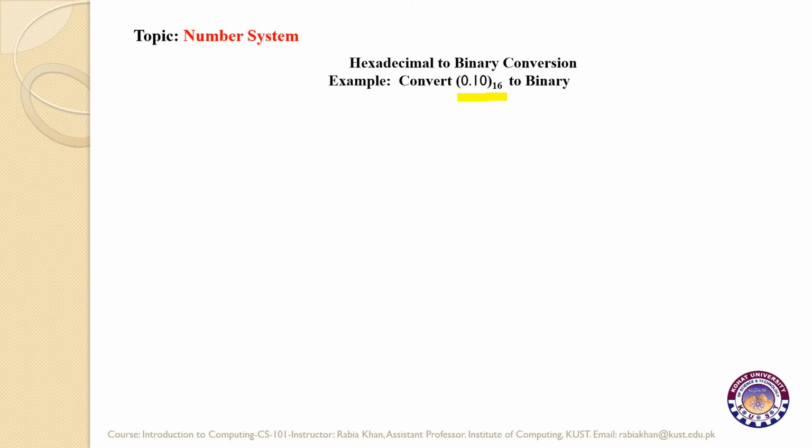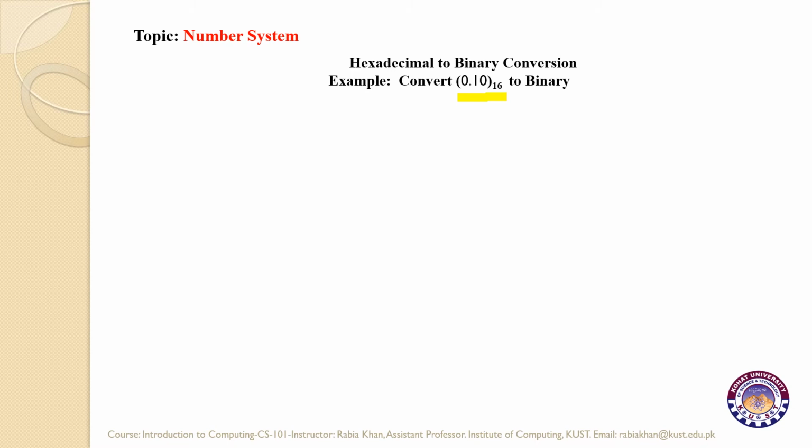The method, as it states, is to split every given digit within the hexadecimal number into a group of 4 binary digits. If you remember, in the first lecture of the number system, I mentioned the relationship charts between the 4 number systems. I had mentioned every hexadecimal digit is equivalent to 4 binary digits, while every octal digit is equivalent to 3 binary digits.